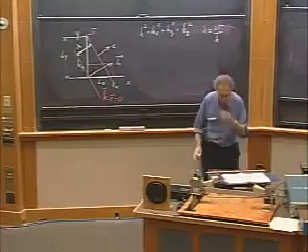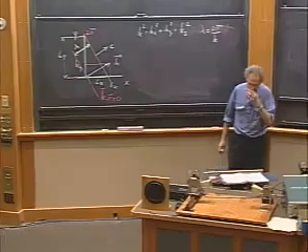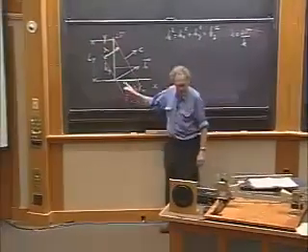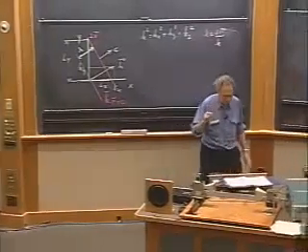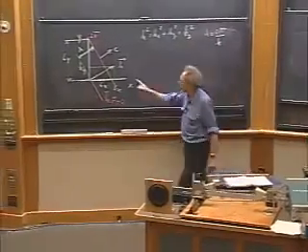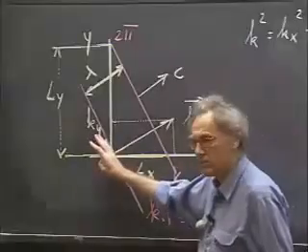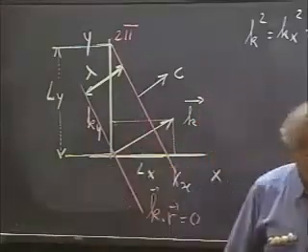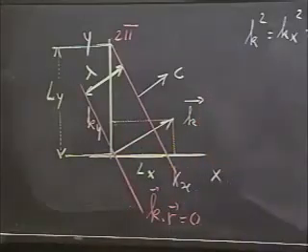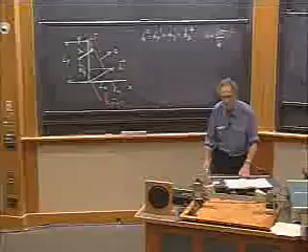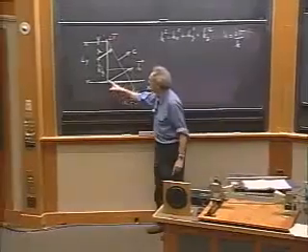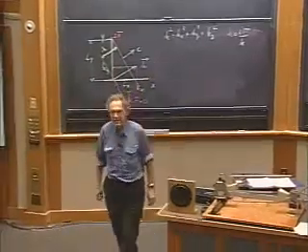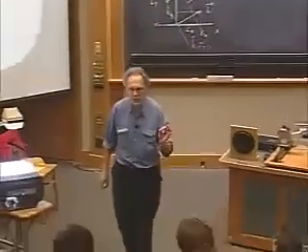Now this wave moves with the speed of c, and when it has moved a distance lambda in the k direction, this crest is here. How far has it moved in the y direction then? All the way from here to there. So its speed in the y direction is larger than c.